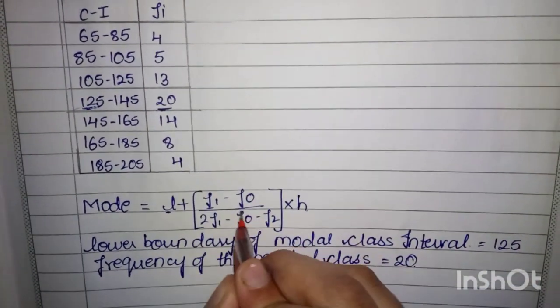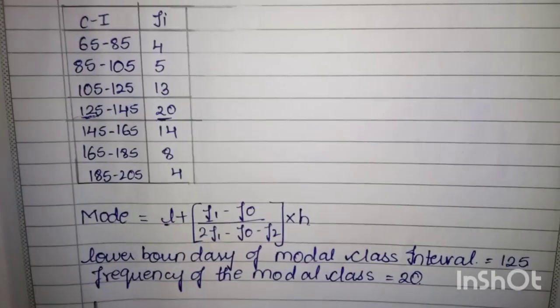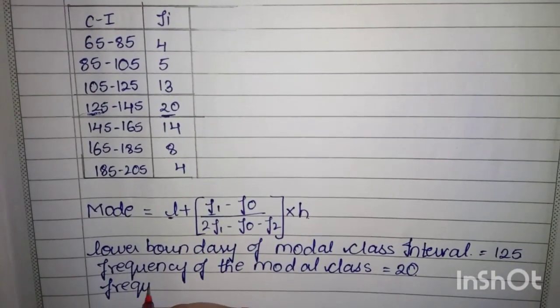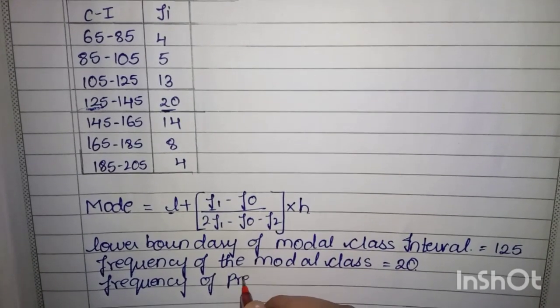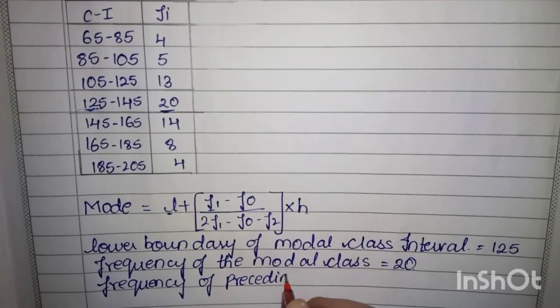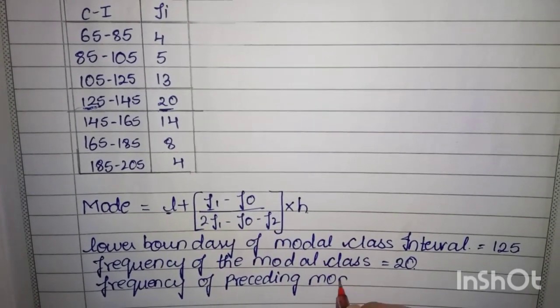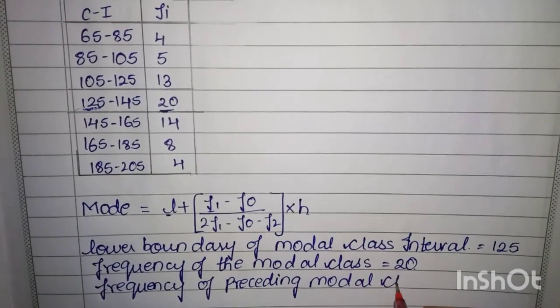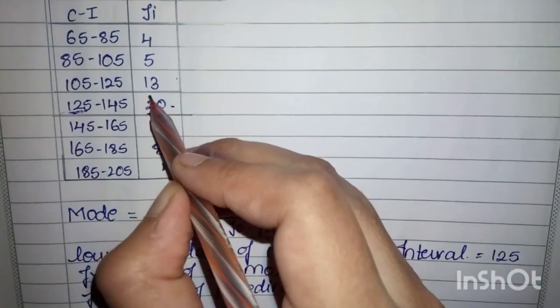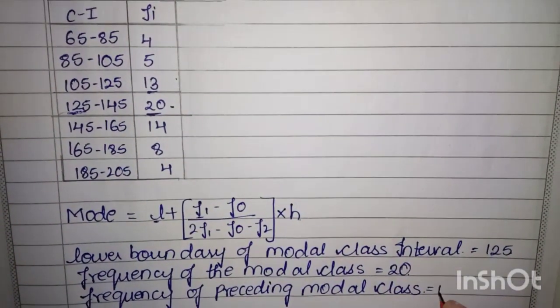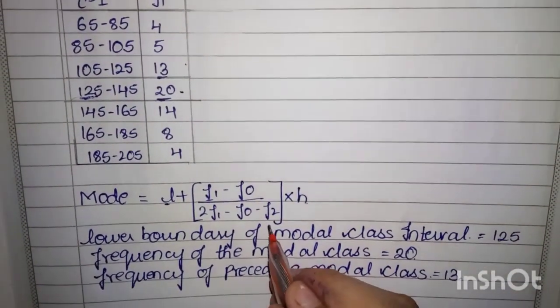The next one is F0. F0 is the frequency of the preceding modal class. So the frequency of the preceding modal class is 13. Next we need F2.